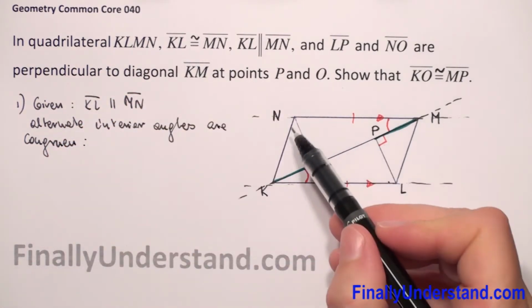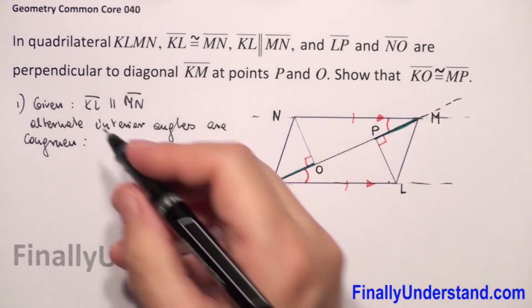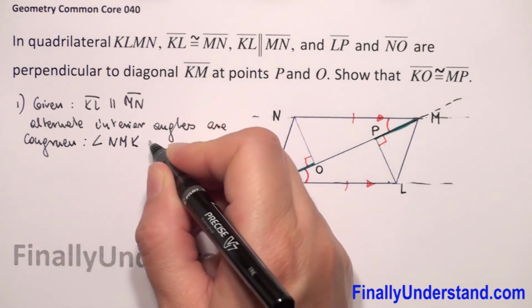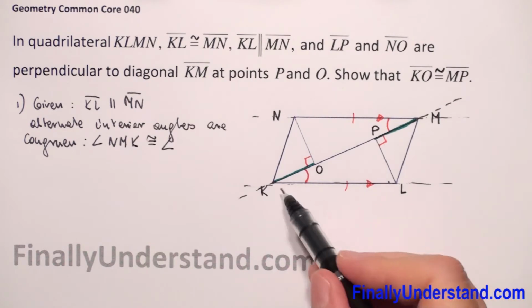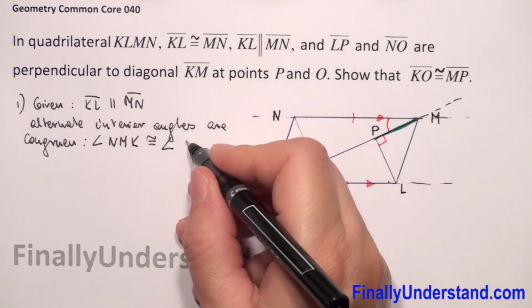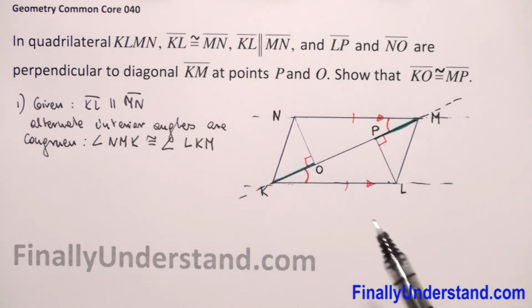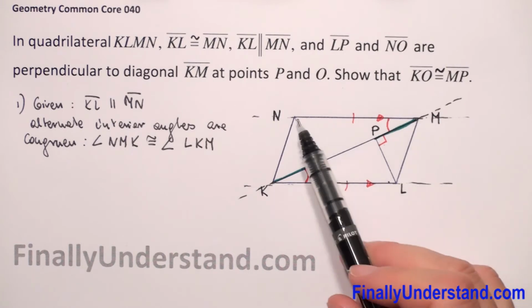We can write that angle NMK is congruent to angle LKM. We have also given that KL is congruent to MN.